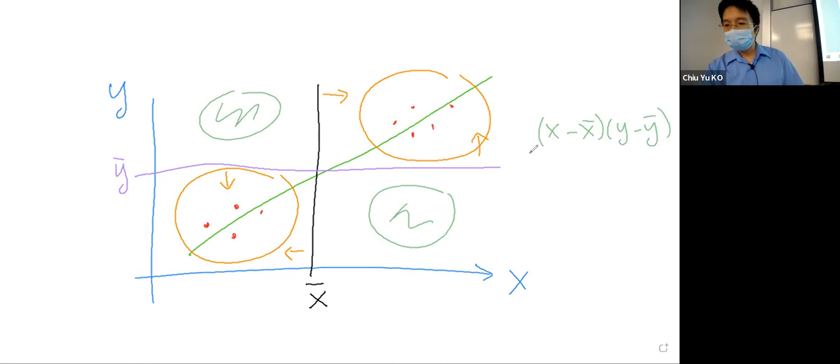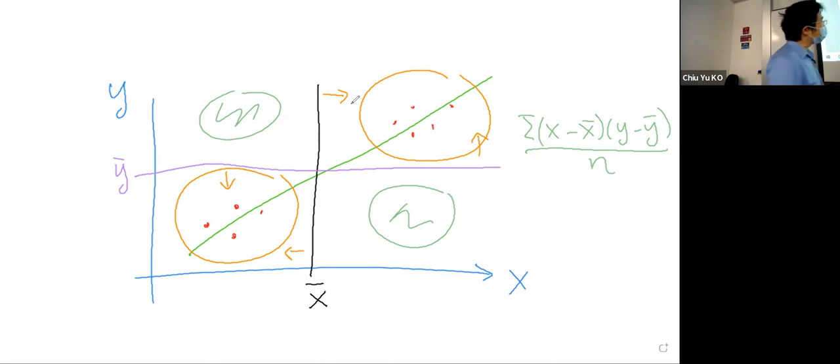And you add them up and divide by n. Okay. When it's in the orange area, the first item is positive, the second item also positive, right? It's above. And in the bottom orange area it's the same, right? This negative, this is negative. Negative times negative is positive, right? So when you are in the orange area, then it's positive, right?